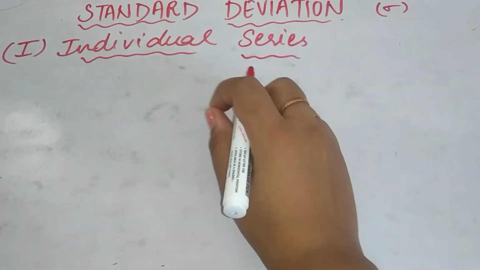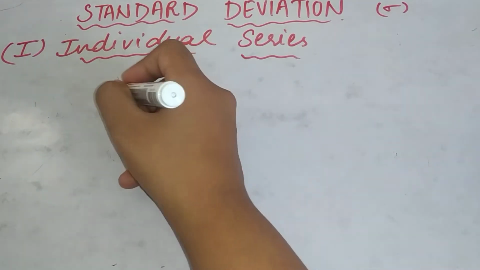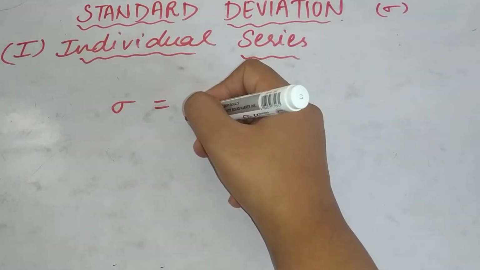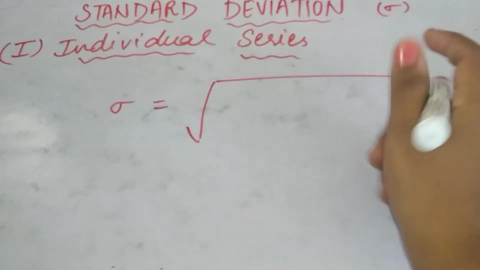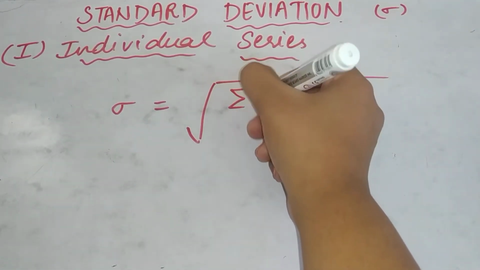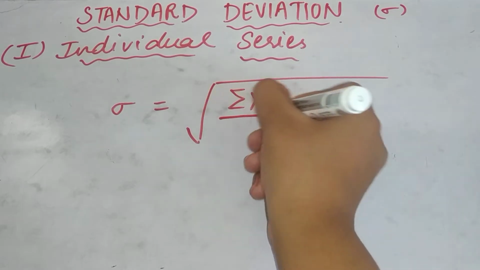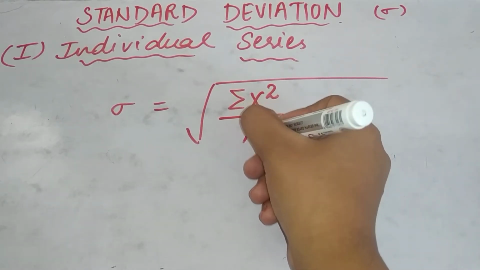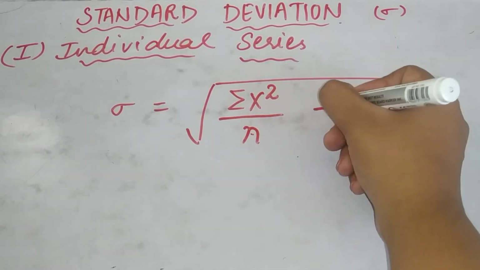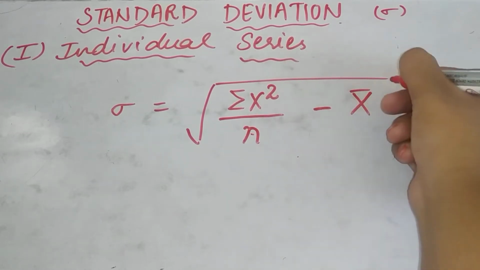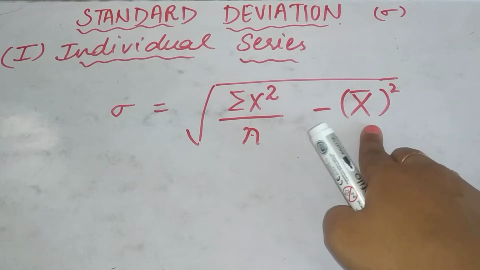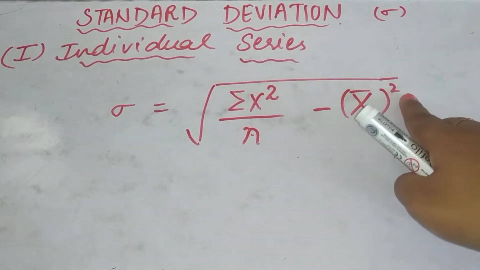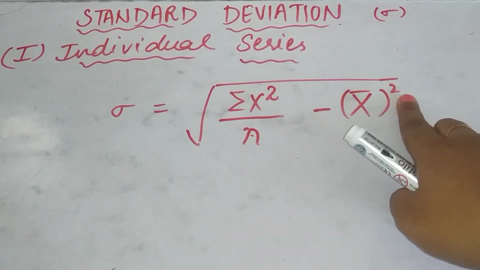The formula of individual series for the calculation of standard deviation is under root summation x square upon n minus mean square. This is the symbol of mean and its square.